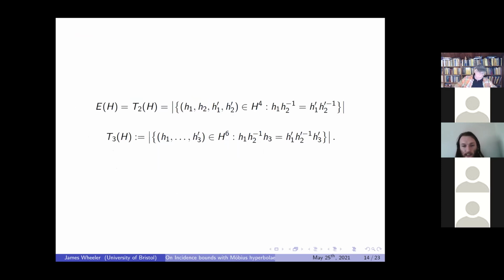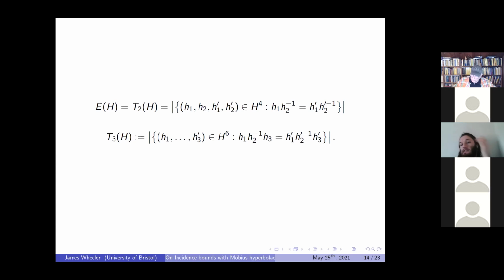These higher energies have been talked about a bit earlier in this conference, but I will restate what we have. We've got our more standard energy, which I will sometimes write as E of H, and sometimes use T2 of H. This is pretty much what you would expect from an energy if you've seen them before, and our operation is just a composition of these transforms.